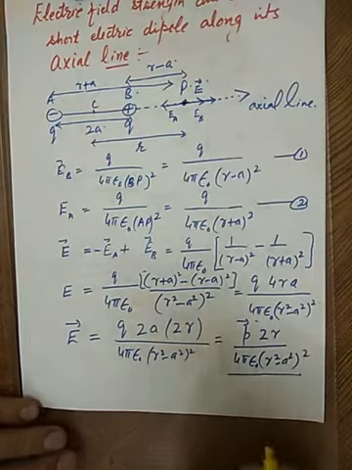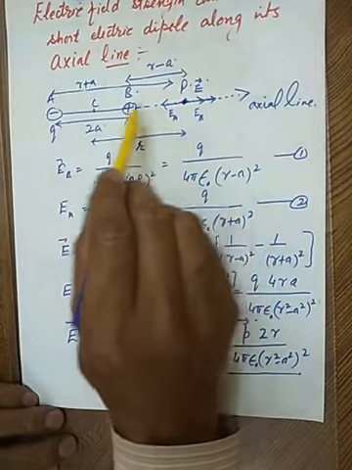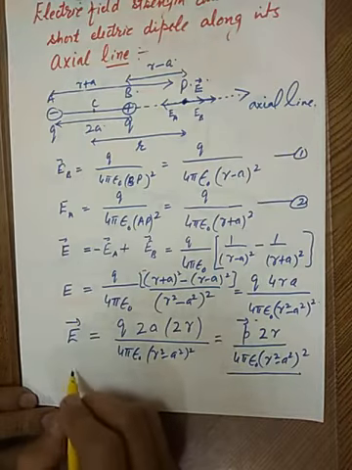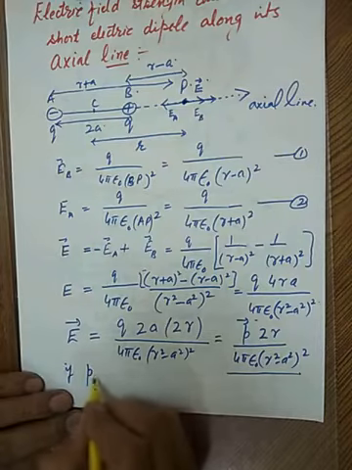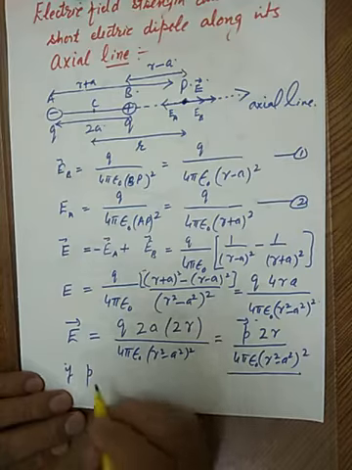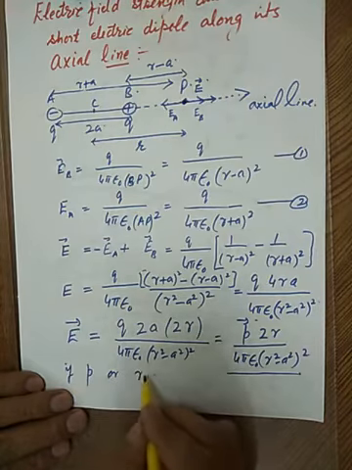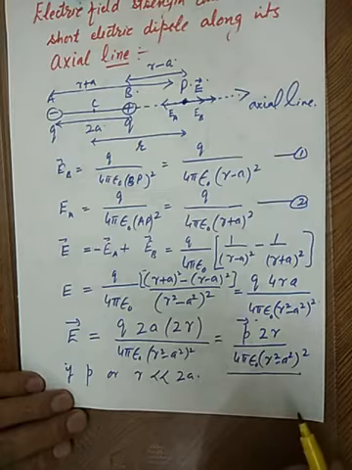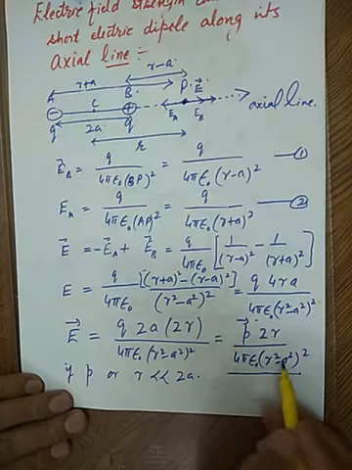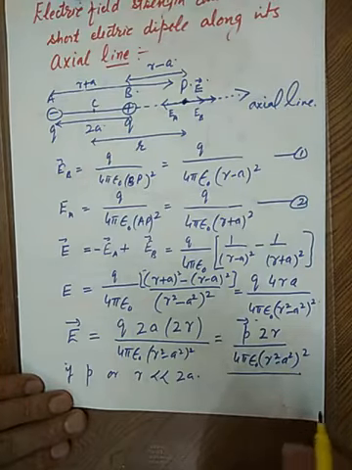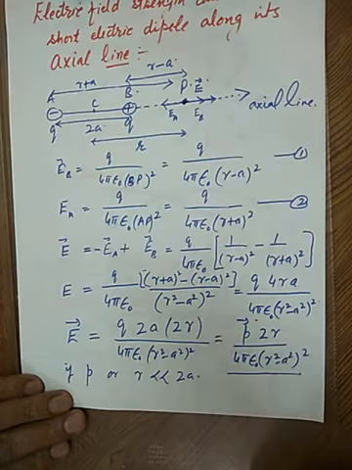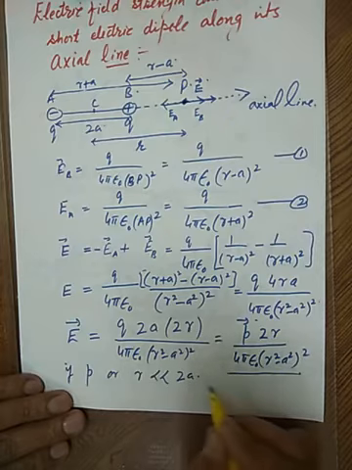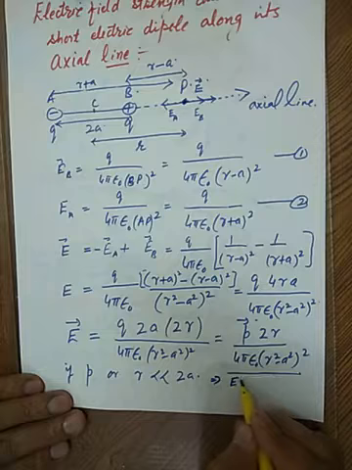If point P lies very close to the center, or if r is very small compared to the dipole length, then r can be neglected and its value at the center is equal to 0.